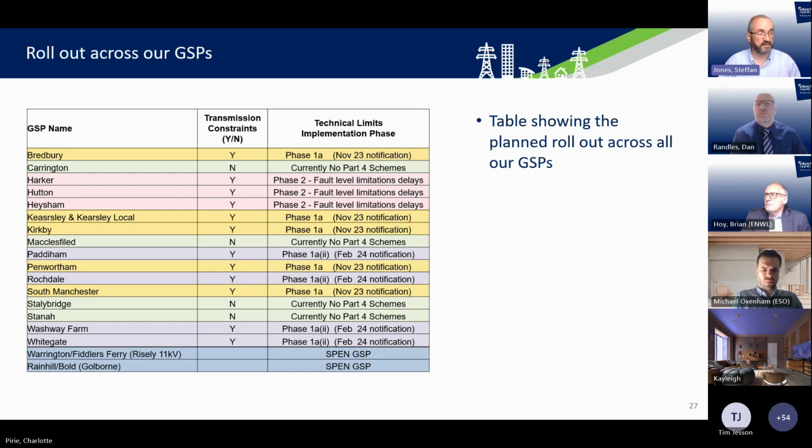Now, at the moment of those 16, we have 4 without Part 4 customers, so they're obviously outside of the technical limits process. But as I say, this is a snapshot today, and things are always going to be changing. So schemes will move into different parts, and things will be moving along, shall we say.